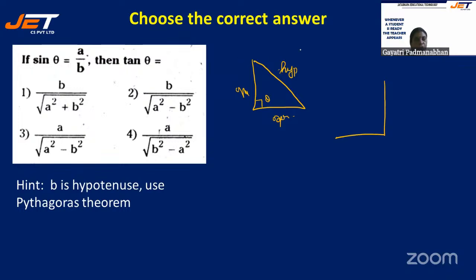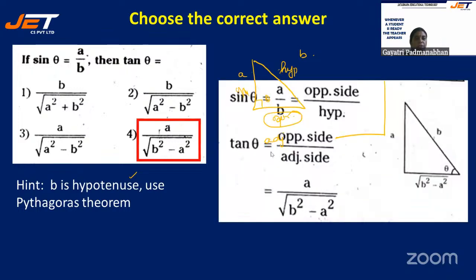And what is tan theta? Tan theta is nothing but opposite side by adjacent side. So here B is the hypotenuse. Now with this, using the Pythagoras theorem, you can find out the adjacent side. So this is a clue that they have given.